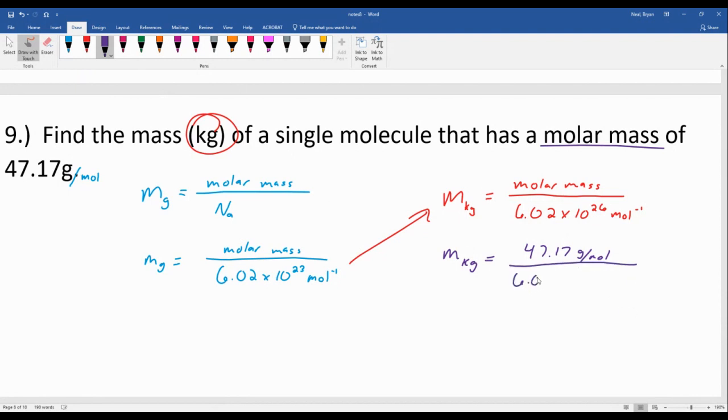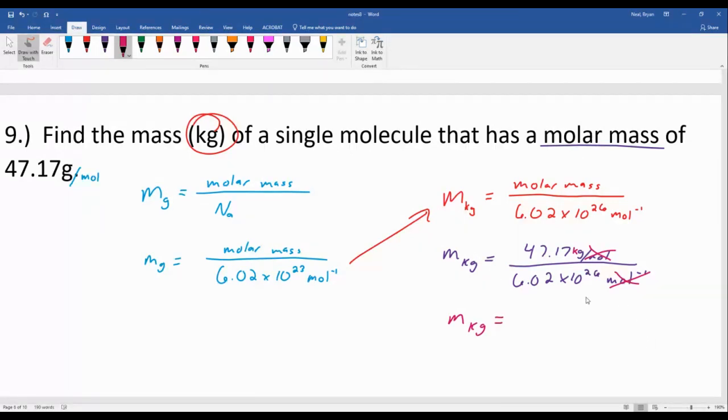And then on the bottom, 6.02 times 10 to the 26. Remember, that's modified Avogadro's number. And then the mole to the negative 1 that they use in the book is the same as per mole, so that cancels. And then that's going to adjust this with that extra factor of 3 that's going to make this into kilograms. So it's part of the reason we built that in.